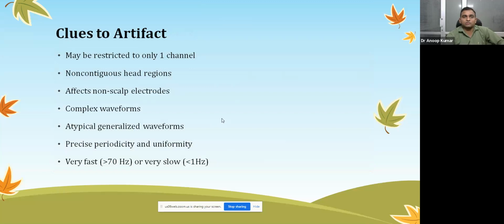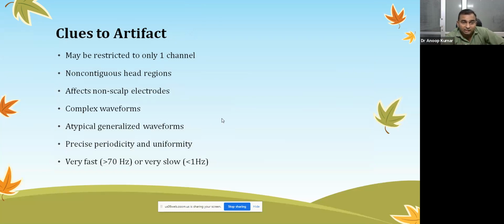So what are the clues? These artifacts may be limited to one channel, and they may not be present in non-contiguous head regions, and they usually affect the non-scalp electrodes. They have very complex waveforms. Sometimes they have atypical generalized waveforms, and we should differentiate them from generalized epileptiform discharges.